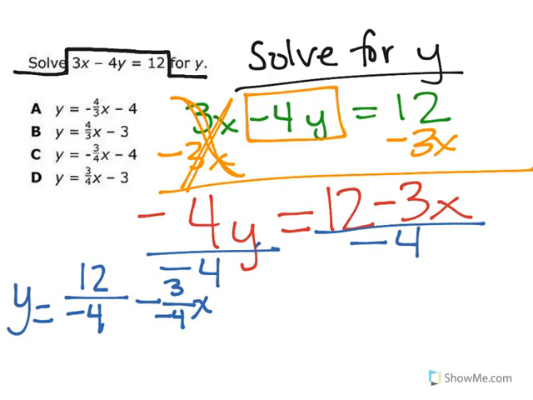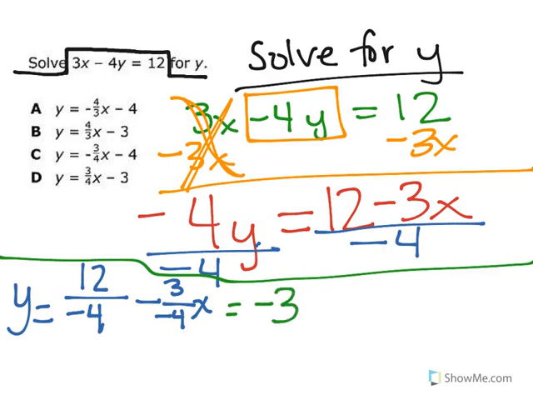Well, none of those are the answers. And the reason why none of those are answer choices is because it's not simplified. So I'm going to simplify it. 12 divided by negative 4 is negative 3. So I know negative 3 is there. So I can eliminate A and I can eliminate C because they don't have minus 3.